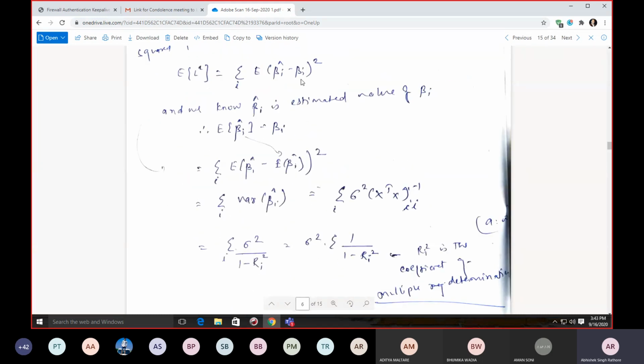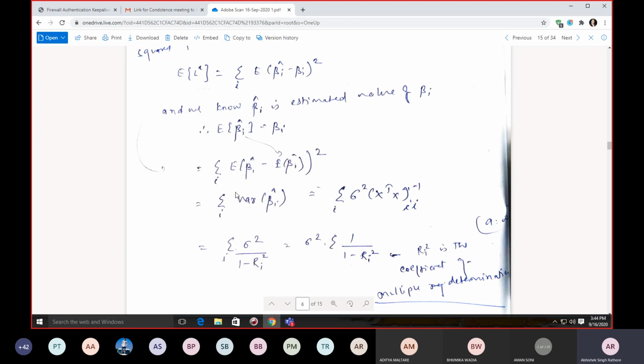This is a constant value, so we will not go into it. We know that the expectation of beta hat i is just equal to beta i; we calculated this last semester. So again we are expanding this: beta hat i minus the expectation of beta hat i, whole square.